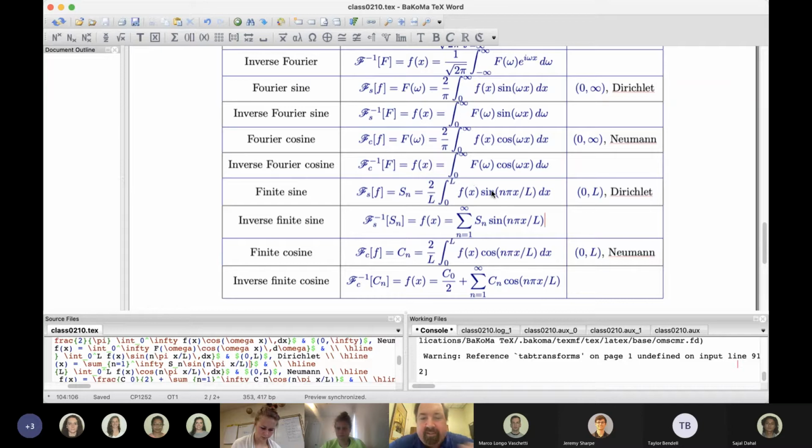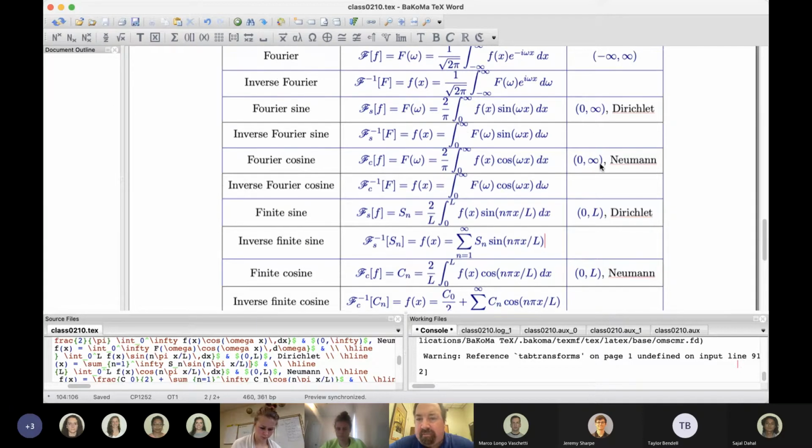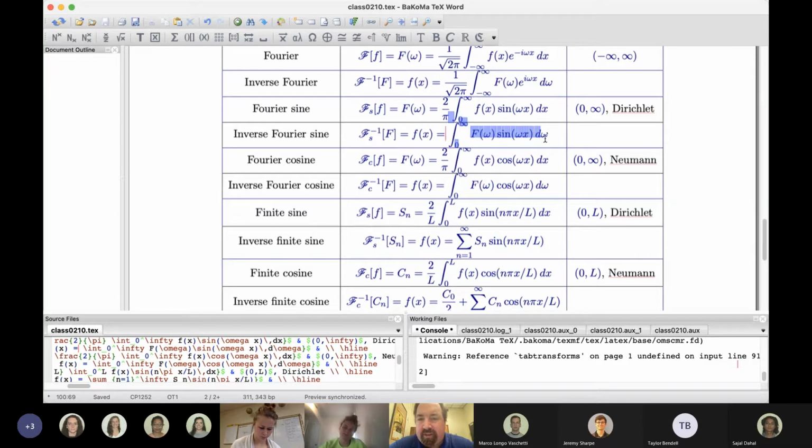And we see here that when you're working on a bounded interval from 0 to L, your solution is an infinite series, so a countably infinite number of terms. Whereas if your problem is on an infinite or semi-infinite domain, then instead of an infinite series for your solution, you have an integral, because it's almost like you're adding up an uncountably infinite number of terms.